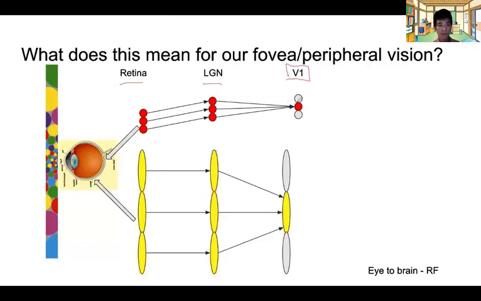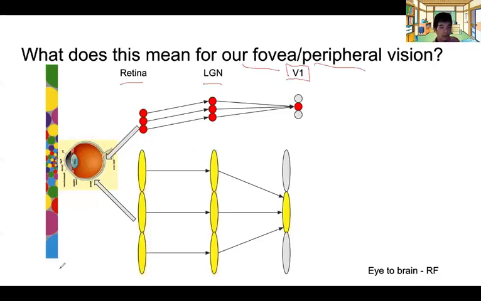So a V1 neuron's receptive field is even bigger than the retina or LGN, and it also has a line-like shape, as I explain next. But importantly for our discussion of fovea versus periphery, the peripheral neurons are already bigger in terms of receptive field size at the level of the retina, and then they converge on the V1 neurons this way. So at the level of V1, the extent that it can collect the light of particular wavelengths, like yellow, can actually be bigger.